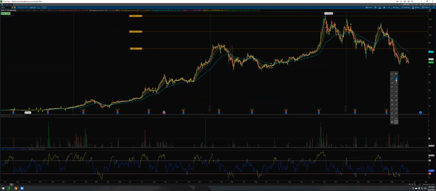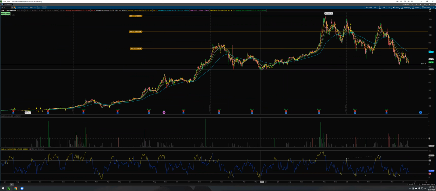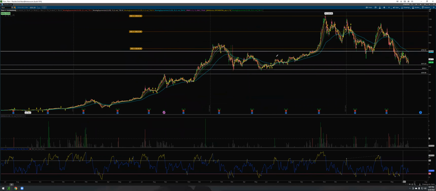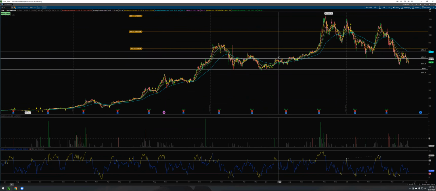Okay, let's see. First, we go to the basics: valley, area, peak. We have a peak here. More peaks. Okay, another valley here.